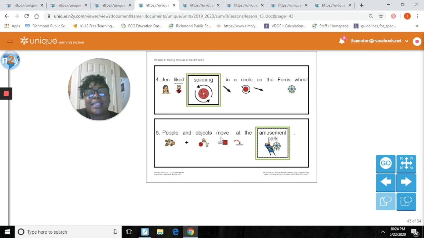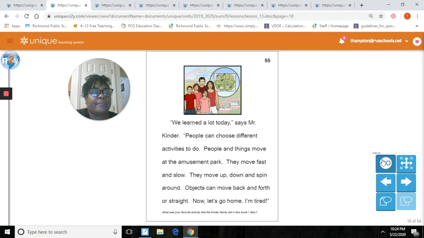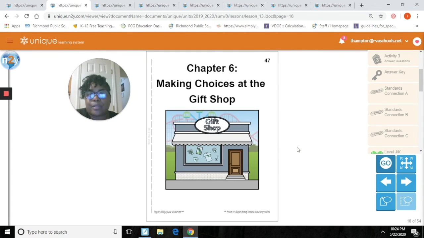But the main thing I want you to remember today is whenever you are answering your questions, please do not forget to look for the keywords in the question, okay? And go to that section in your story, okay, to help you find the answer.